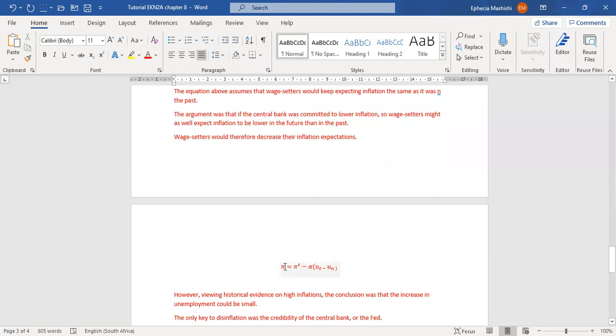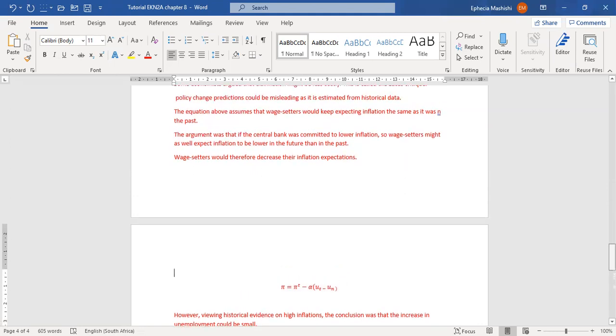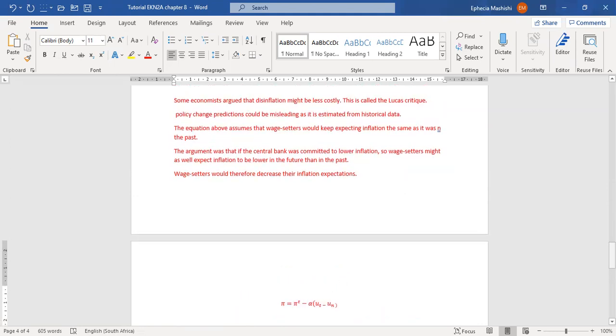Because of that argument, the new equation is this one. And what this equation implies is that the only key to disinflation is the credibility of the central bank.